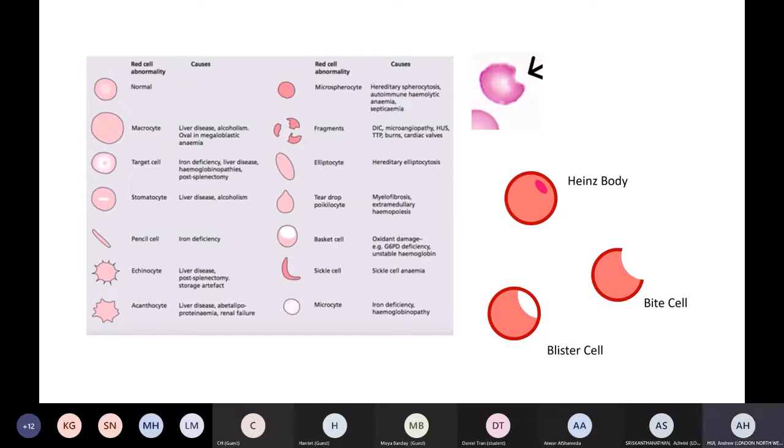When these red blood cells pass through the spleen in splenic filtration, the abnormal proteins, the Heinz bodies, are removed, and that results in parts of the red cells being taken away, and that can cause the blister cell or bite cell appearance. And they're both caused by the splenic filtration in this case. And the top right picture is what a real bite cell looks like on a blood film.